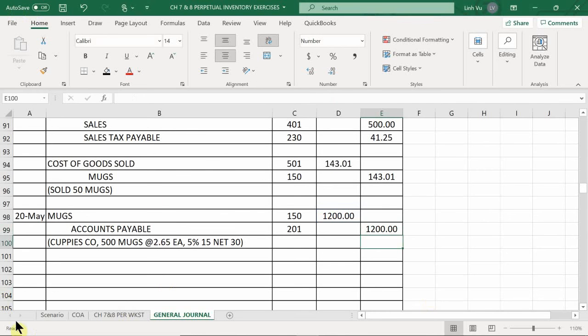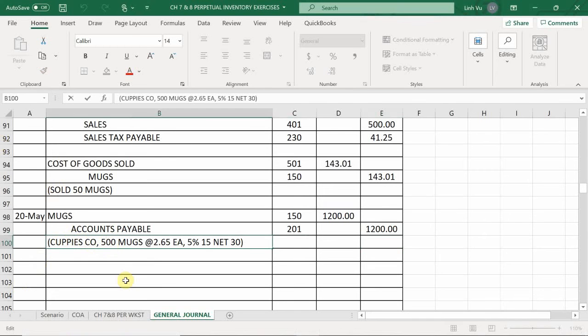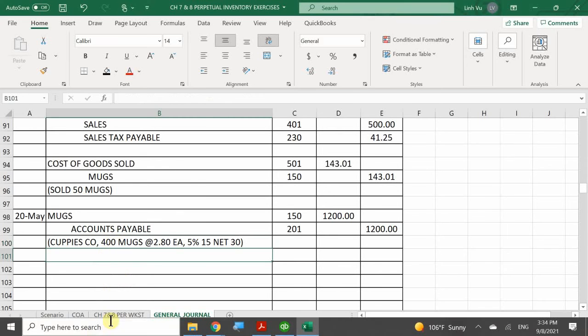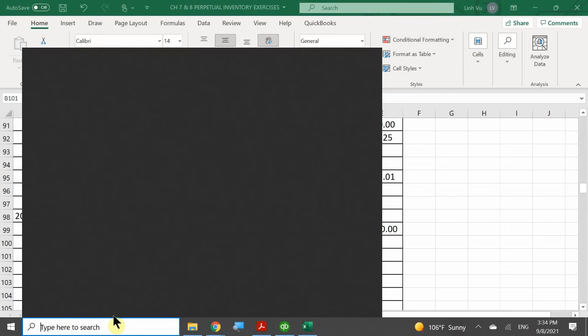And then you also need to update your note here: Cuppy's Co. We bought 400 mugs at $2.80 each. So let's plug that into our inventory worksheet.